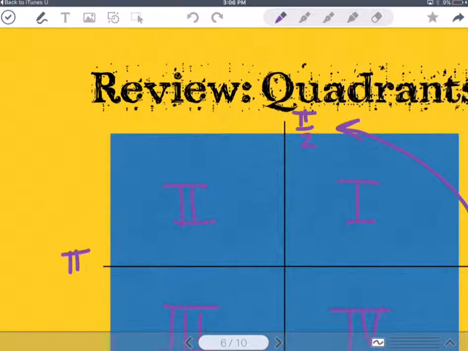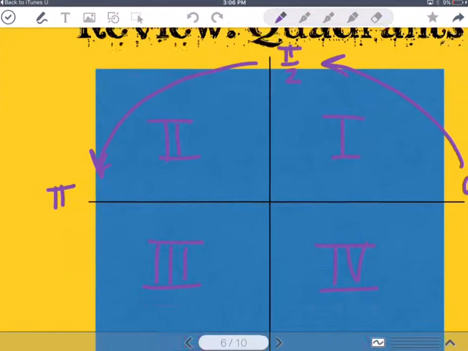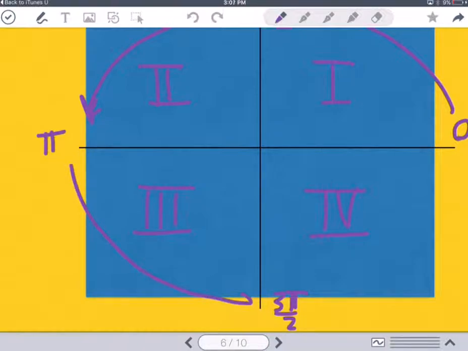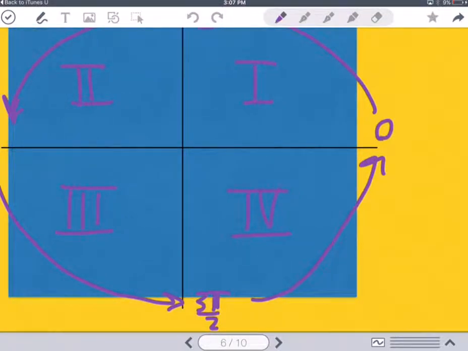We know that this is pi, so anything between pi over 2 and pi is going to be in quadrant 2. Down here we know that this is 3 pi over 2. So any between pi and 3 pi over 2 is going to be in quadrant 3. And any between 3 pi over 2 and 2 pi would be in the last one.